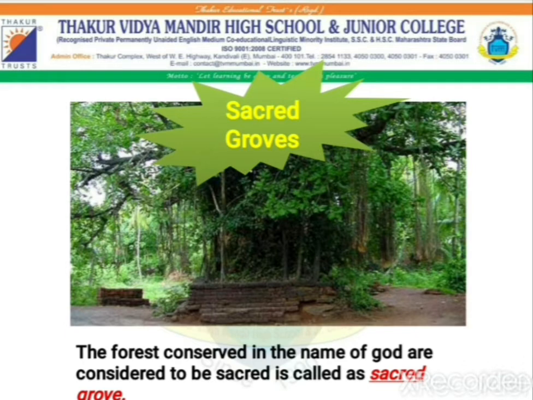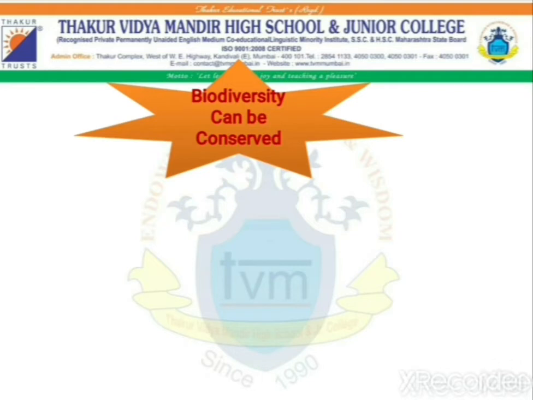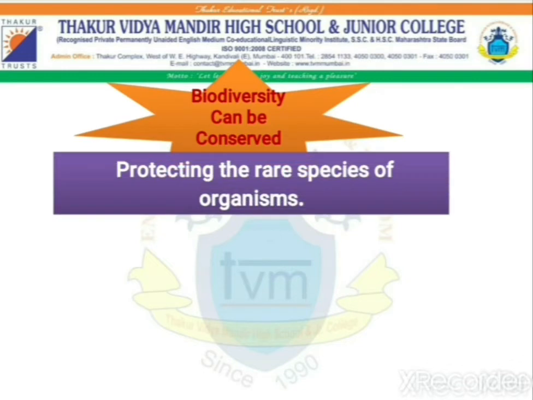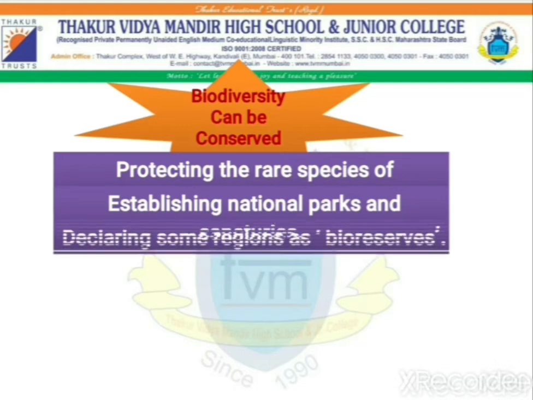Now, coming to how this biodiversity can be conserved. This biodiversity can be conserved in different ways. First, by protecting the rare species of organisms, that is, the species which are very rare. Secondly, establishing national parks and sanctuaries, where such species of organisms can be preserved.